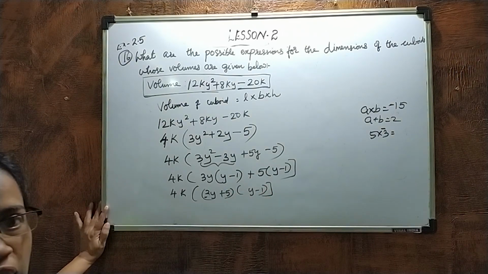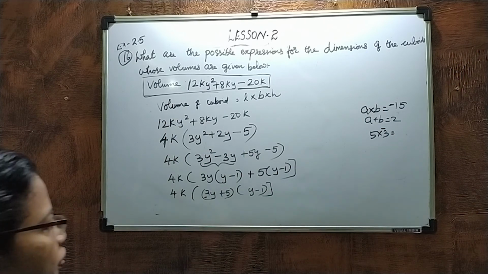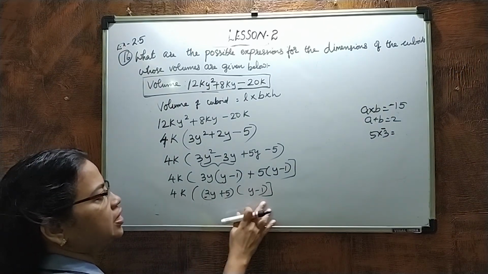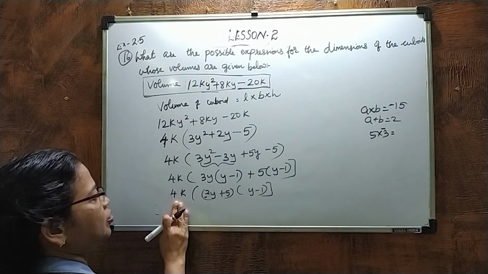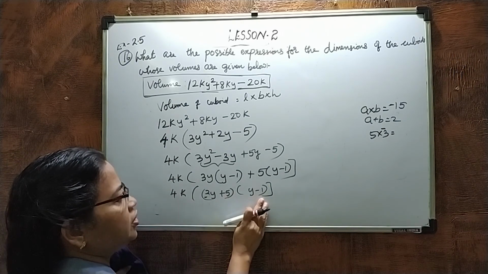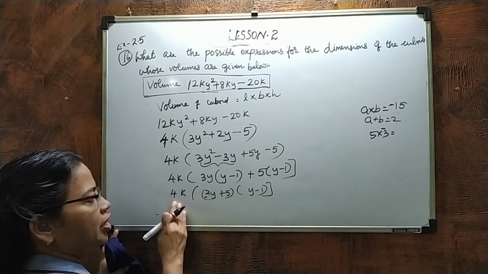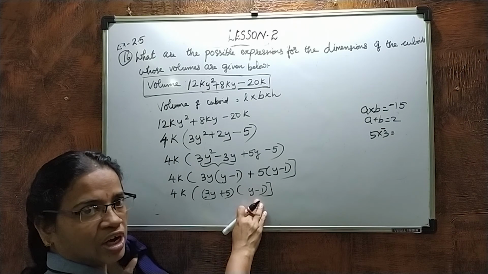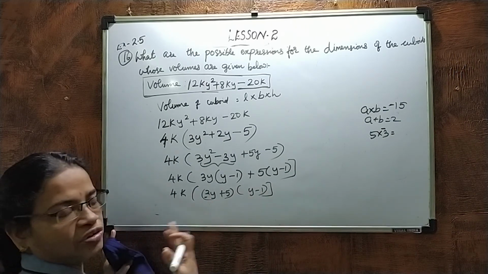From here we can find out length, breadth and height. So here we will get 3 answers like this. Maybe this one will be length, here breadth, here height, or here will be breadth, here height, here length will come. So again it will be changing.